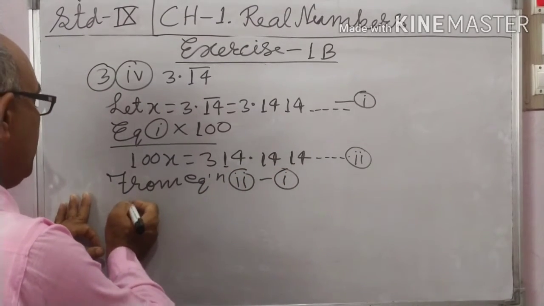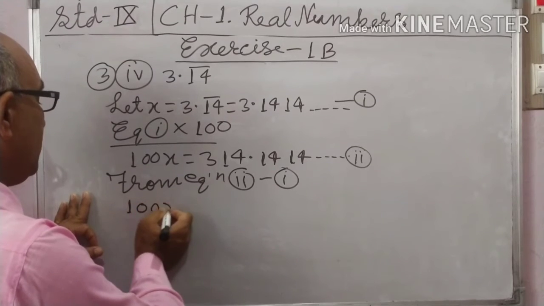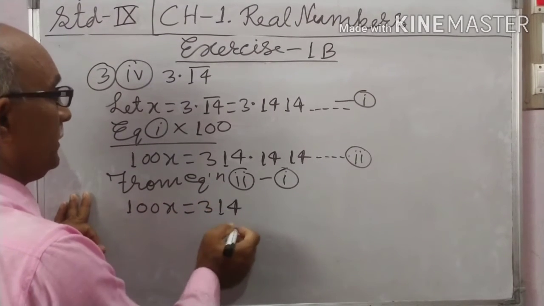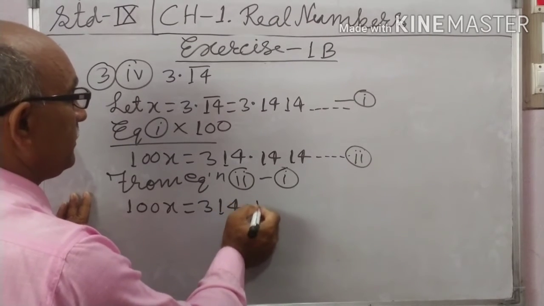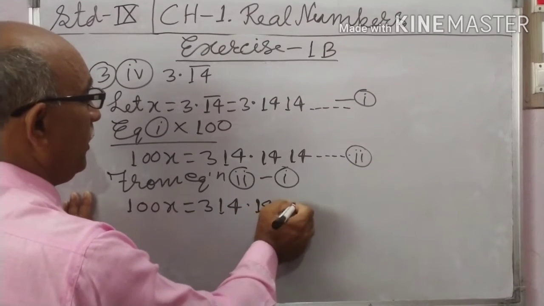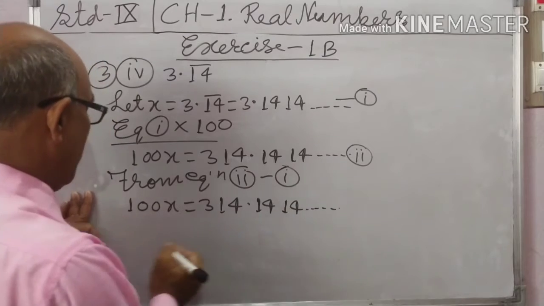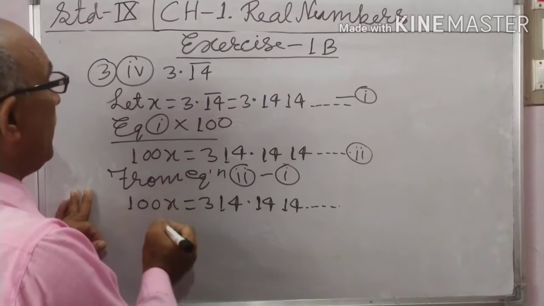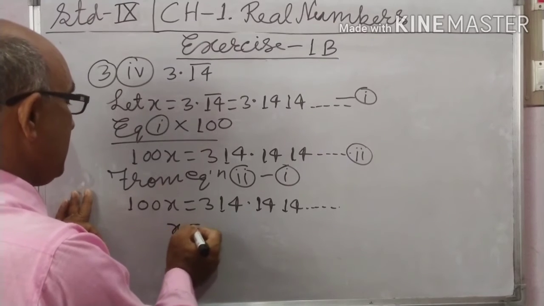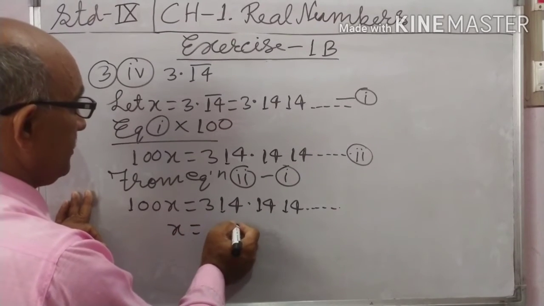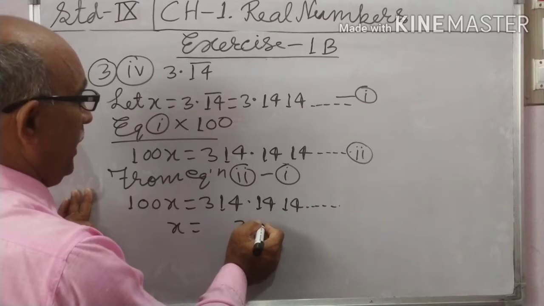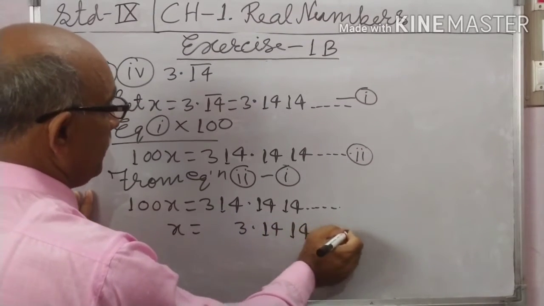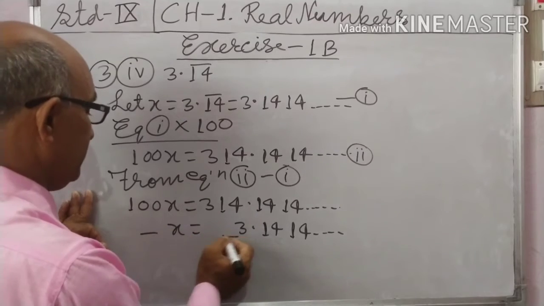Equation 2 is 100x equal to 314.14 dot dot dot. And minus equation 1. Equation 1 is x equal to 3.14 dot dot dot. Subtract it.